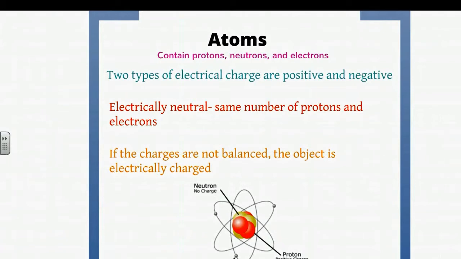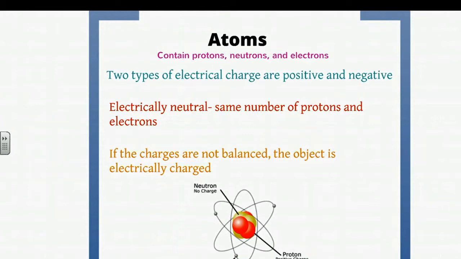If the charges are not balanced, the object is electrically charged. So you can see in our diagram down here, the red protons, it looks like we have 3 of them, and we also have 3 electrons in that electron cloud orbiting the nucleus. There's 3 of each, so this would be electrically neutral.